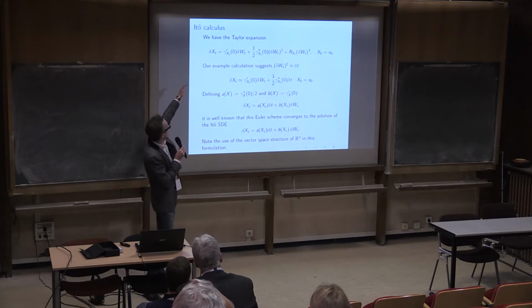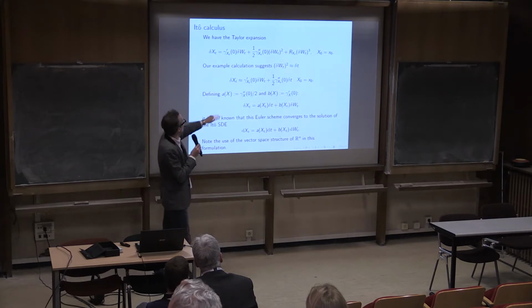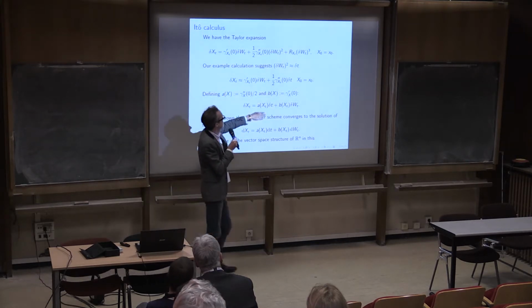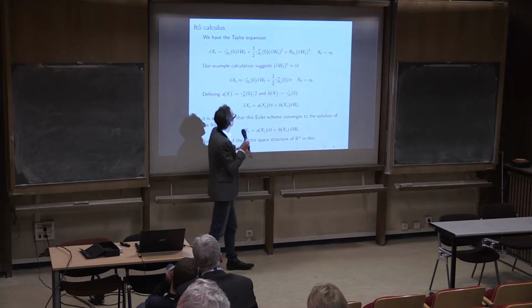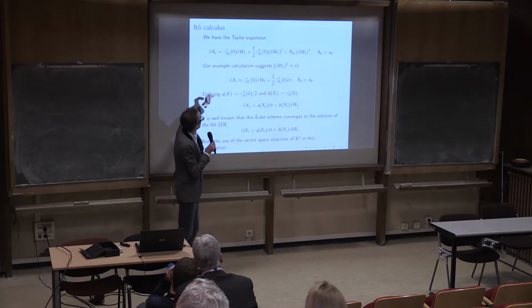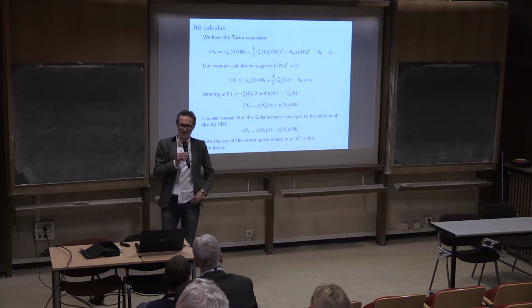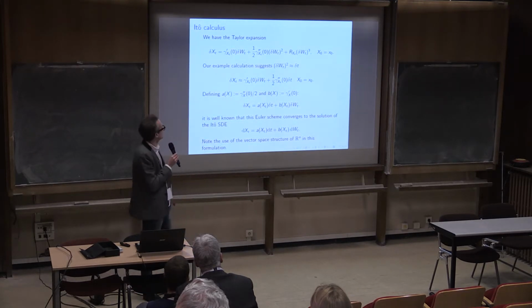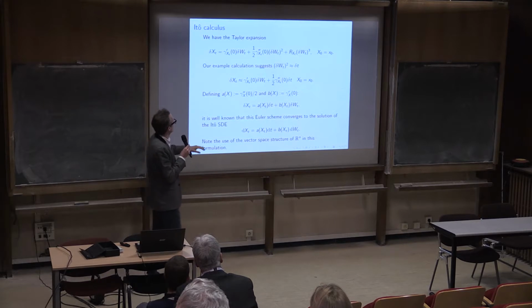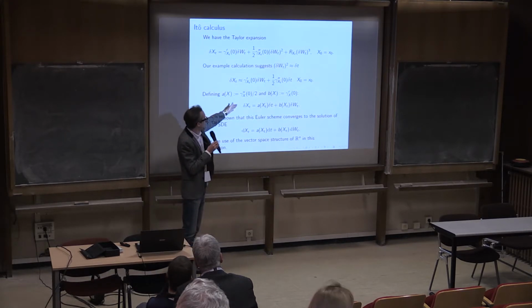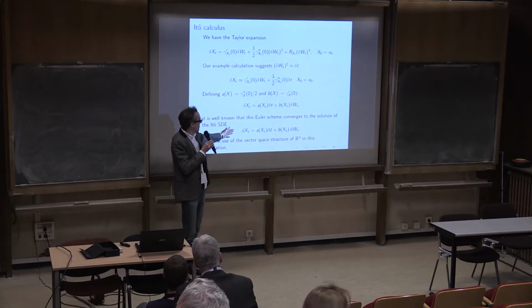So we can write this discrete time scheme up at the top. We replace the dWt squared with delta t. And we now get a scheme that looks like the standard Euler scheme for a stochastic differential equation. And the limit of this scheme, so this is just a conventional Euler scheme, in the limit will give us the standard Ito stochastic differential equation.